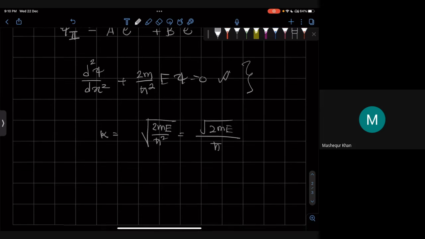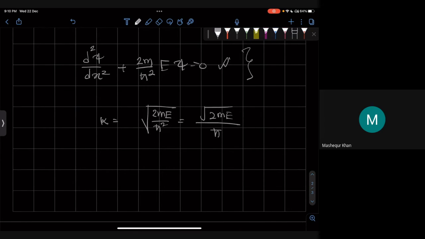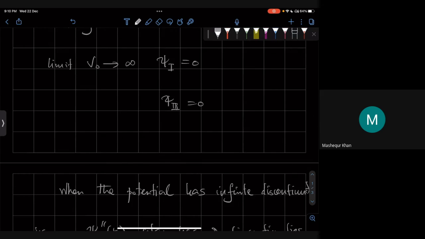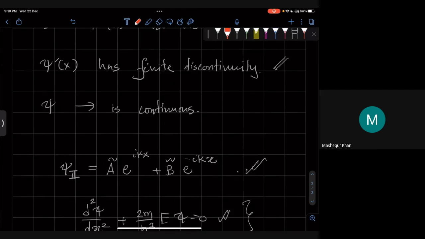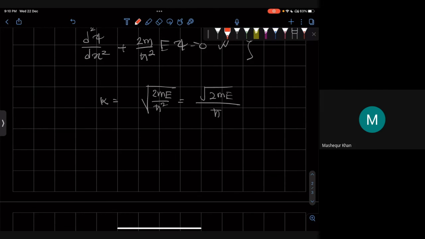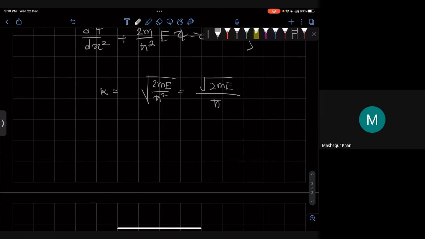And the boundary conditions at the boundaries between the three regions, there's this boundary and this boundary. If we match the boundary conditions, then we find two equations.